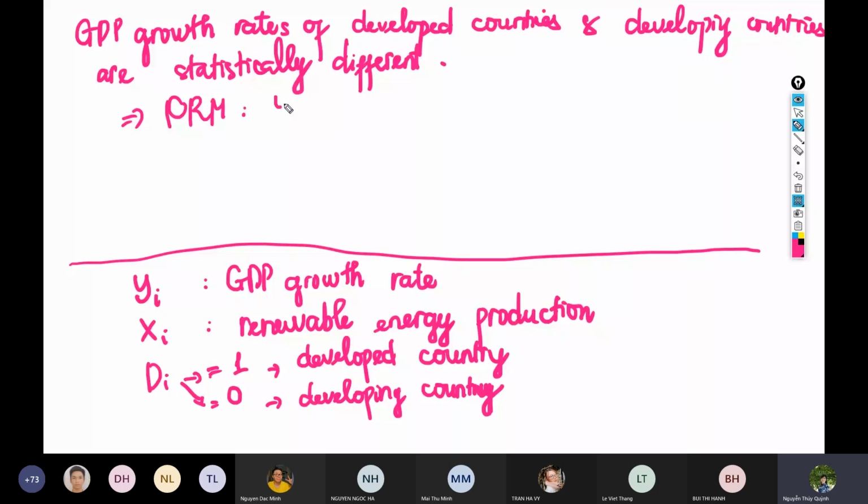Yi equal to beta 0 plus beta 1 di plus ui. Okay, so this model can help us to test the hypothesis that we are stating here.